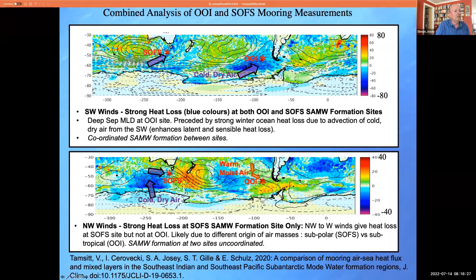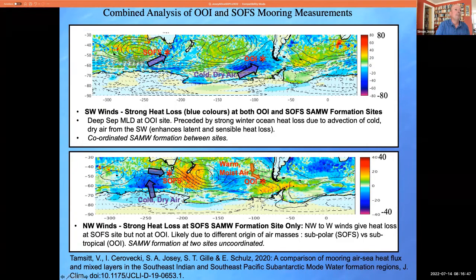was for the first time comparing the measurements at two sites in the Southern Ocean, the Southern Ocean Flux Station and OOI. And interestingly, we found two different regimes for strong heat loss at the site. Now that's important because these are strong subantarctic mode water formation locations.